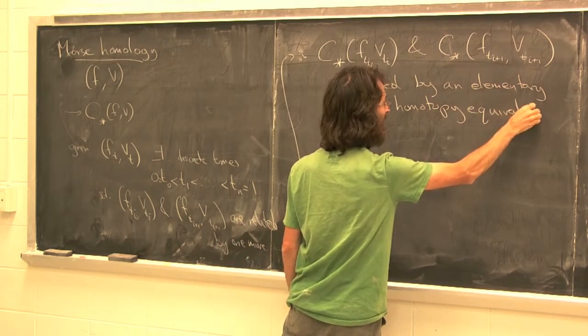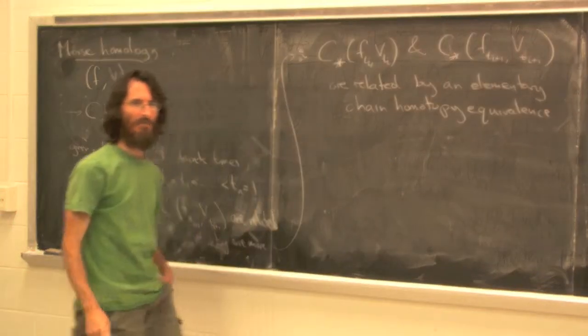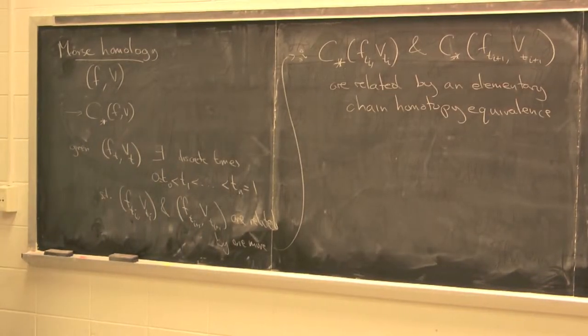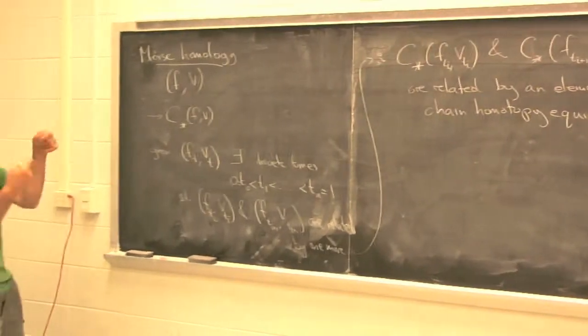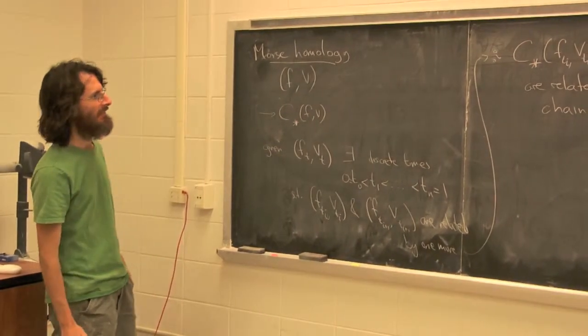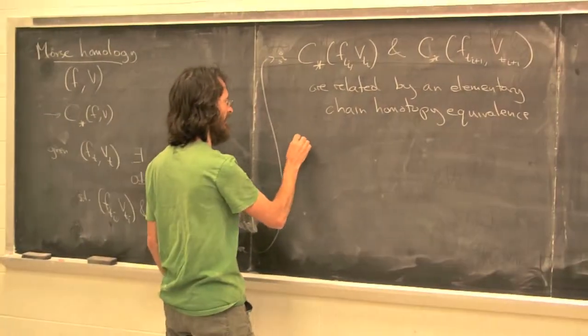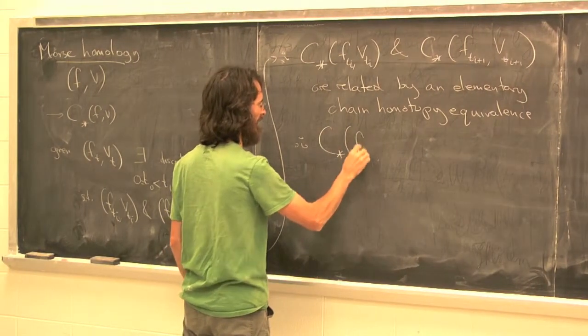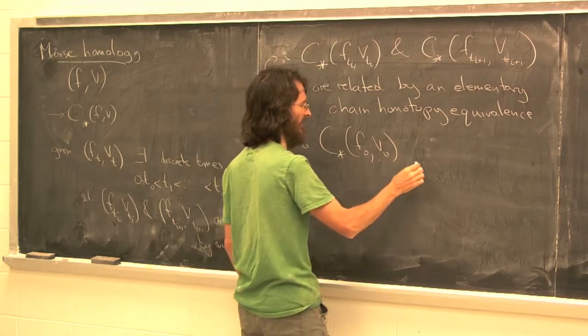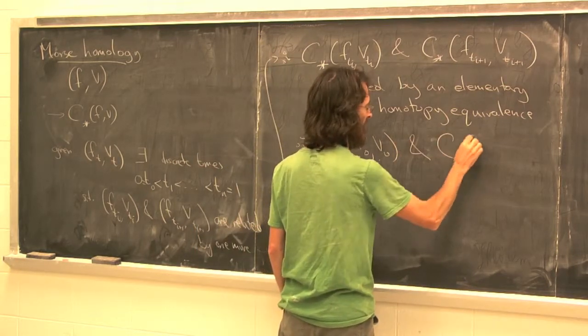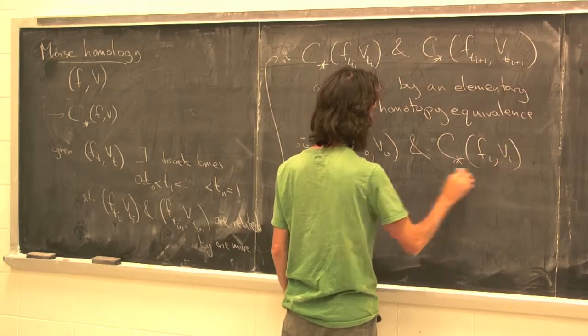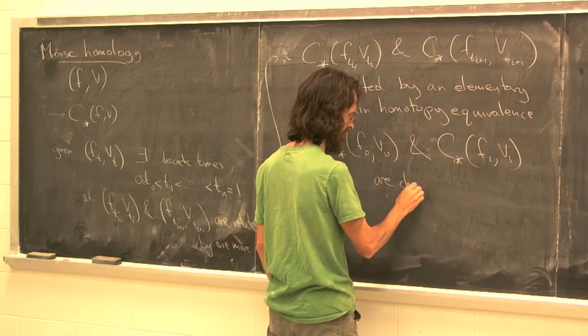So this is where you either just add a pair of generators and the boundary of one is the other and that's it, or you just have a change of basis, right? And therefore, the conclusion is that C star of F0, V0 and C star of F1, V1 are chain homotopy equivalent.